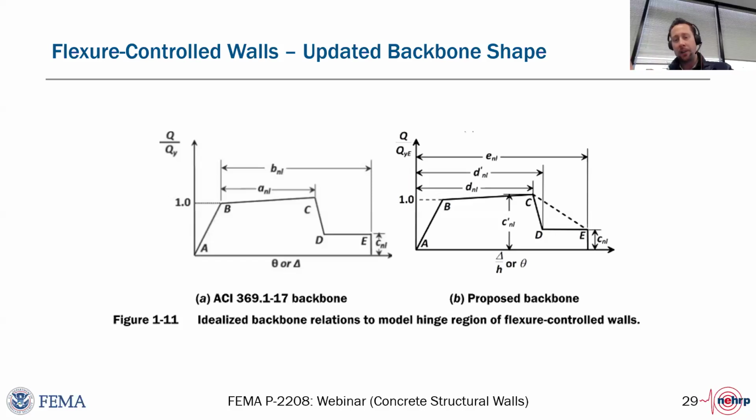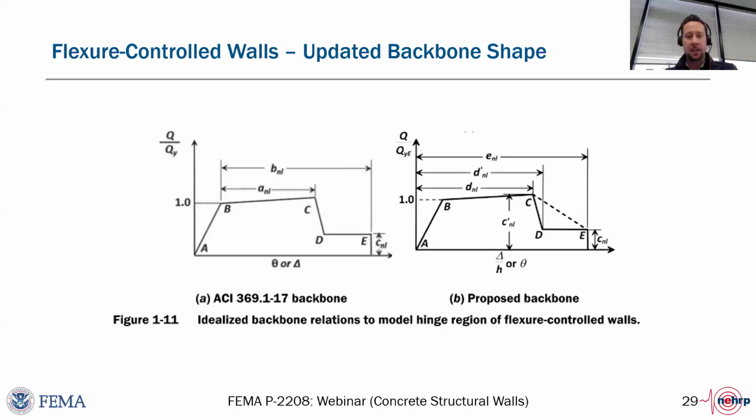And that was already defined in the standard, but the backbone that's used as the basis for the wall modeling and acceptance criteria is now total deformation rather than plastic in the past. There are a couple reasons to do this, but one is that I just shared that we keep updating the stiffness provisions. So if there's ever an update to the stiffness provision, the effective stiffness up to yield, you would actually find a different yield rotation associated with those stiffness provisions.